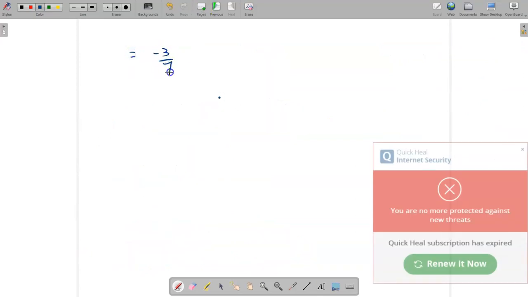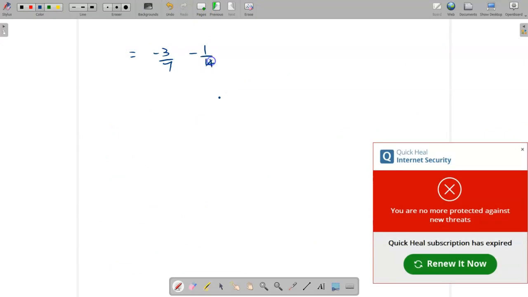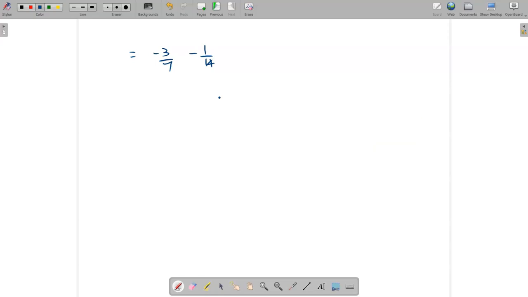So minus 3 by 7 minus 1 by 14 I have, because 1 into any value is nothing but 1. Now here the denominators are different, so I need to find the LCM. How can we take the LCM? 2, 3, 5 and all are not there, so directly you can go for the 7th table. 7 1s are 7, 7 2s are 14.